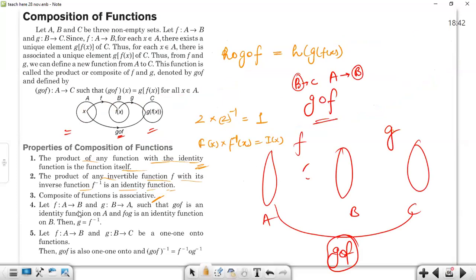Let f be a function from A to B and g be a function from B to A, and g of f is an identity function on A, and f of g is an identity function on B. How so? Let's understand.